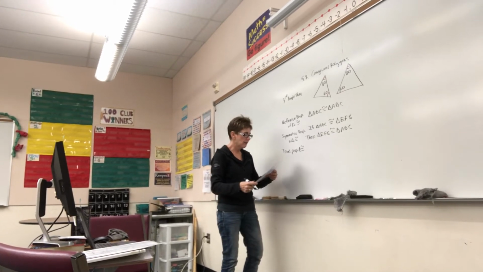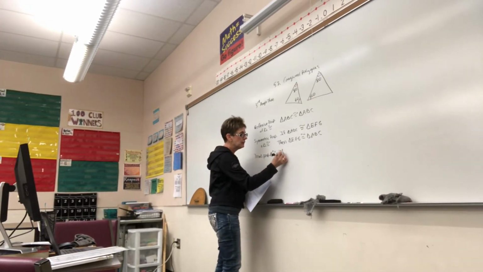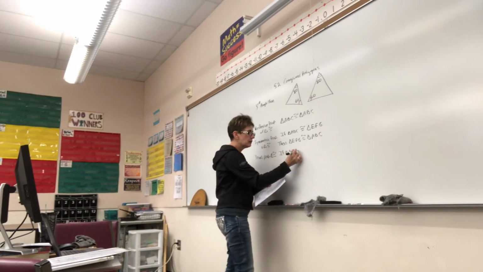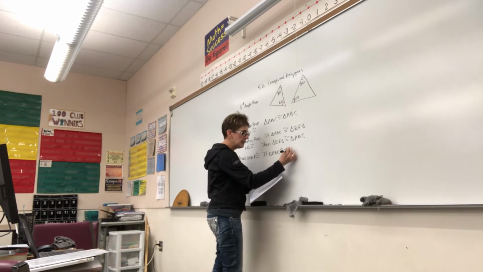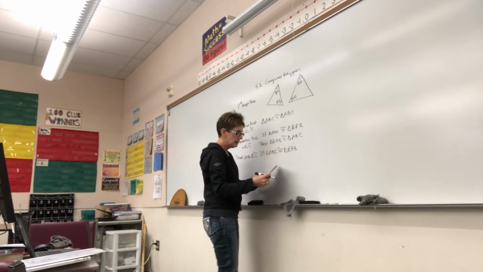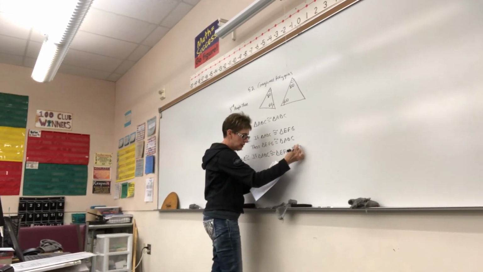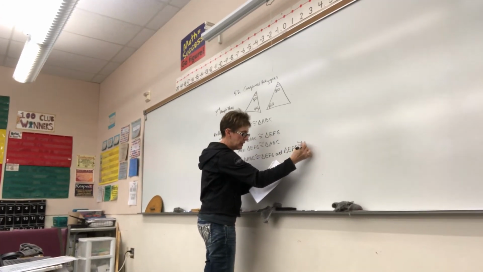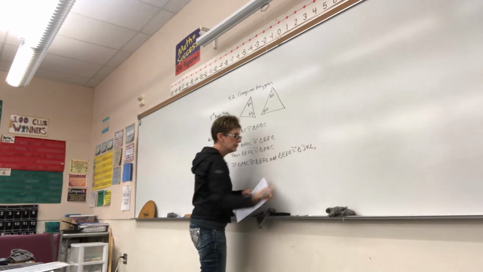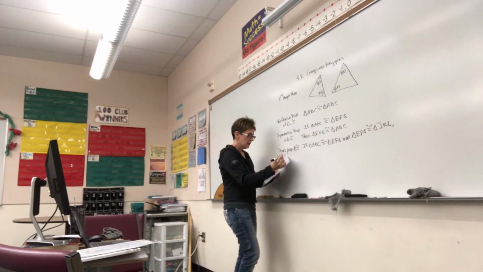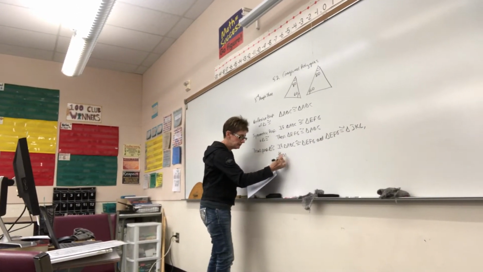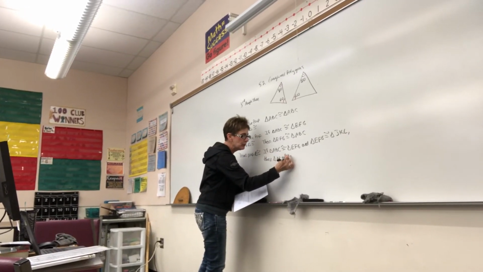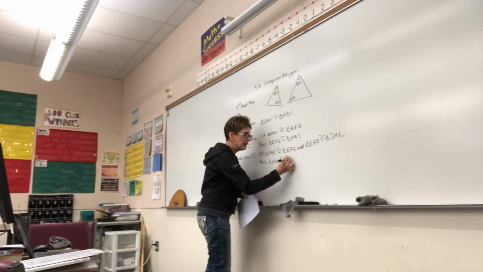It starts off with if triangle ABC is congruent to triangle EFG and triangle EFG is congruent to triangle JKL, then triangle ABC is congruent to triangle JKL.